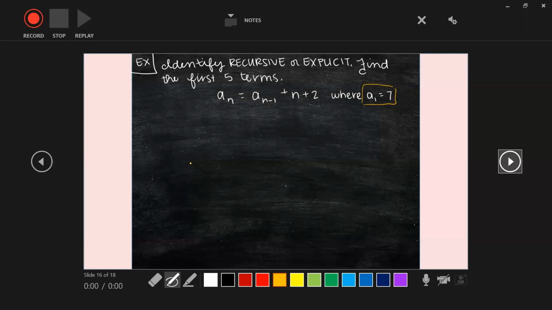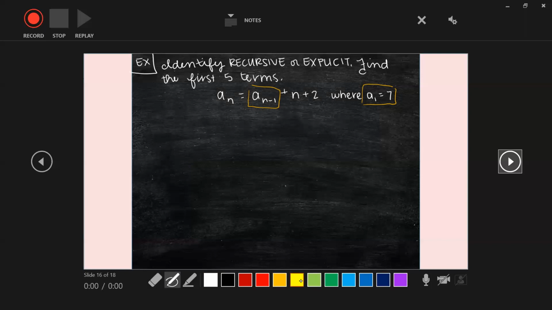What do you think, Ethan? Yeah, consecutive terms. So it has this a sub n minus 1. That's how we know that it is recursive.